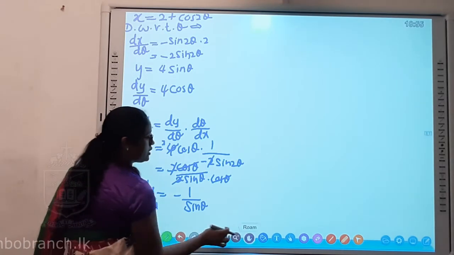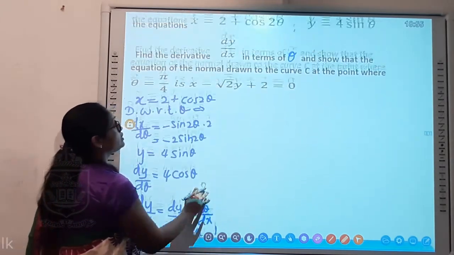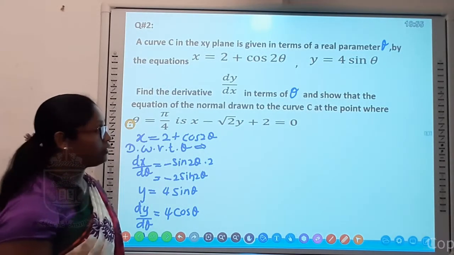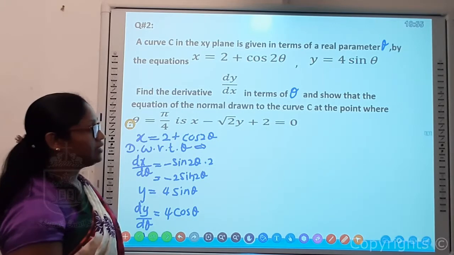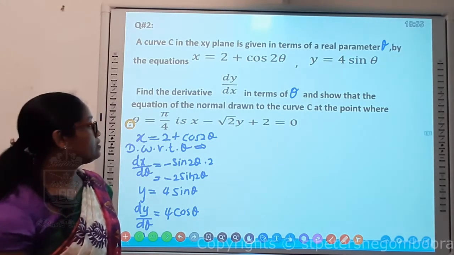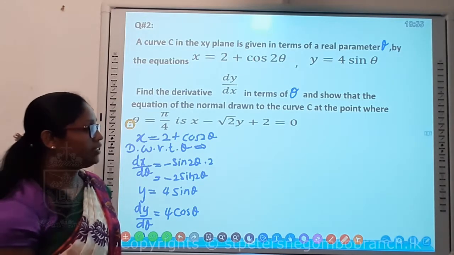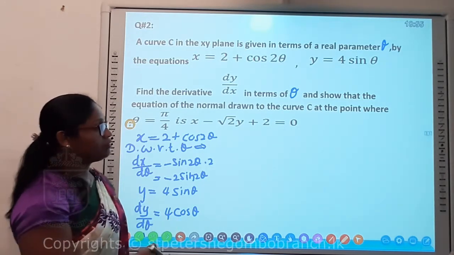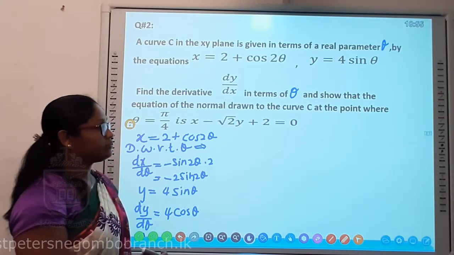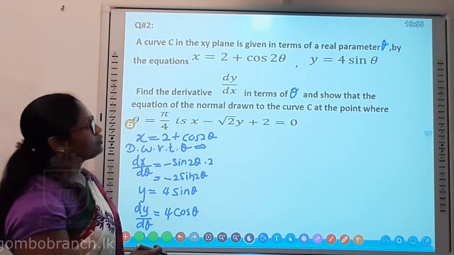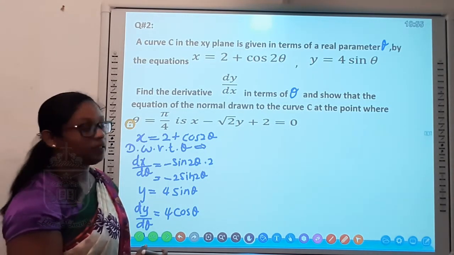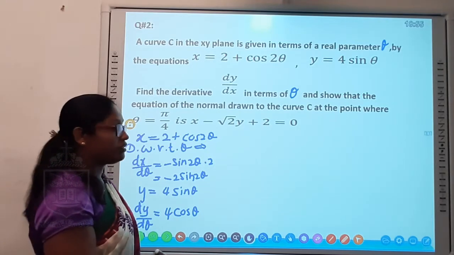Okay, we'll move to the next part of the question. dy over dx in terms of theta we already found, that is minus 1 over sin theta. Now next thing, show that the equation of the normal drawn to the curve. So here we found the gradient of the tangent in terms of theta, and then we want to find the equation of the normal. Before that we want to find the gradient of the normal, right?